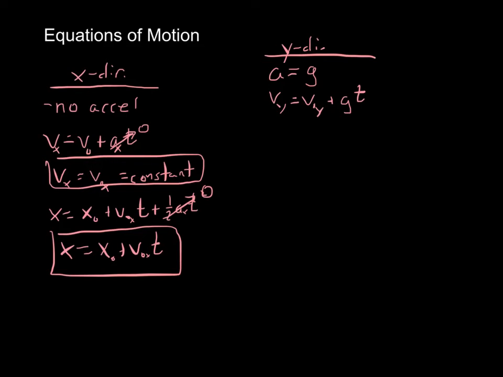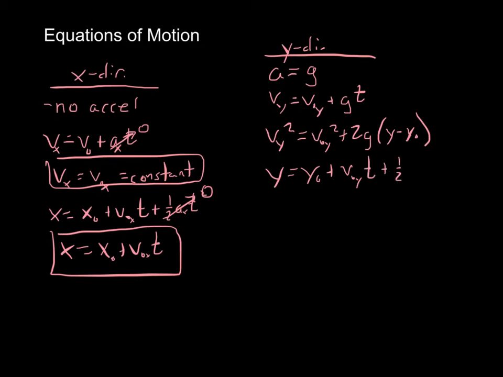Then vy squared equals v naught y squared plus 2 times g times y minus y naught, to indicate that it's the vertical component of our motion. And y equals y naught plus v naught in the y direction times time plus 1/2 gt squared. Those are our equations of motion for the y direction, pretty much exactly what we had before, just knowing that our acceleration is going to be g for most every application.